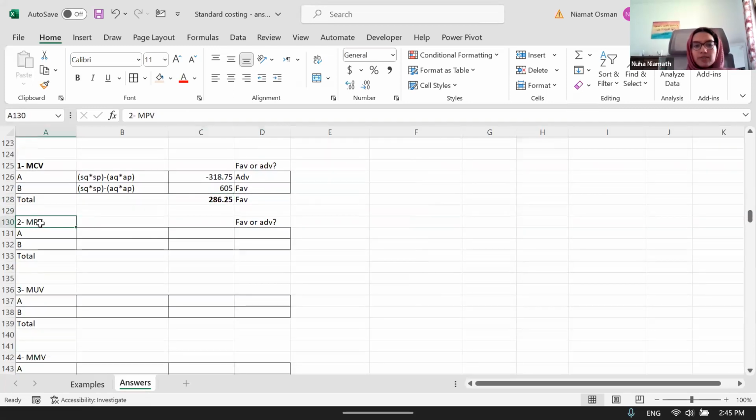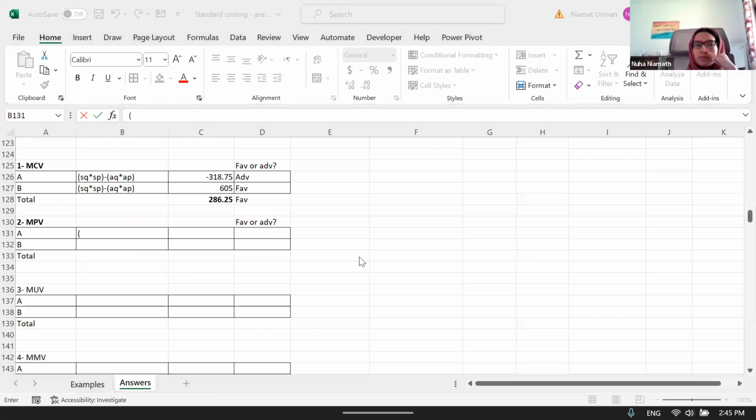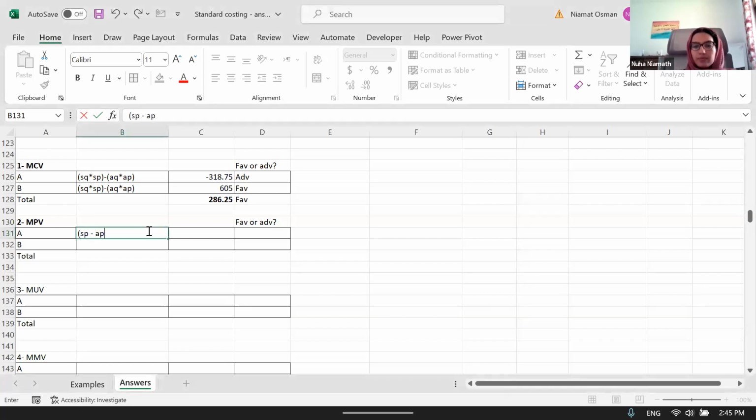Okay, quickly, price variance formula. Quickly tell me the price variance formula. SP minus AP into AQ. Perfect. What does that come to? What is our standard price?